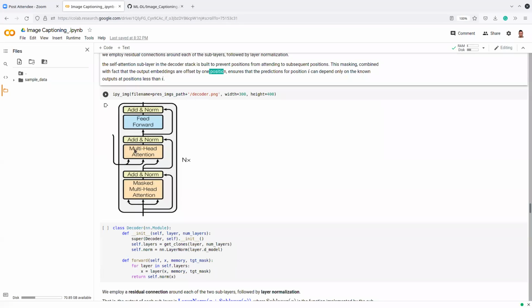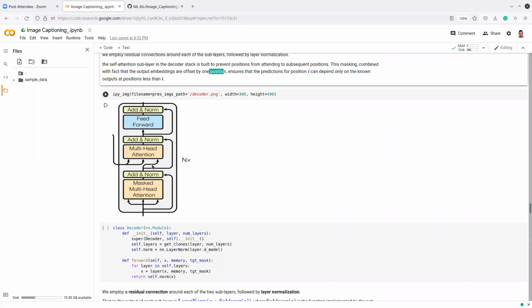Then we have the multi-head attention here. This sublayer's task is to give the decoder the ability to take also parts of the encoded image, or the feature vector, into consideration.